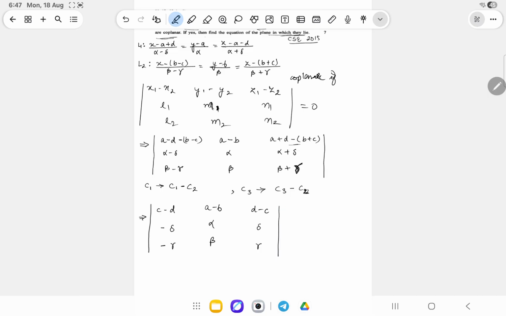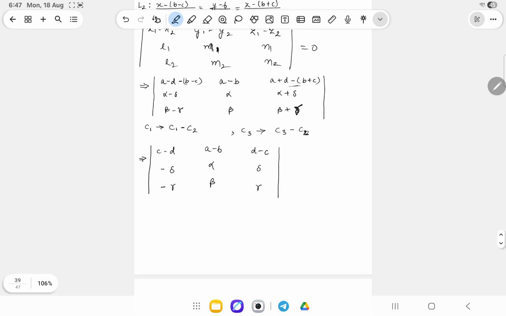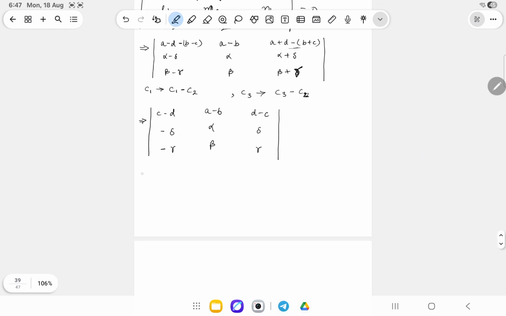If you observe carefully, now column c1 is the negative of column c2, so I can write it as minus of the determinant with columns d minus c, minus delta minus gamma; a minus b, alpha, beta; d minus c, delta, gamma.